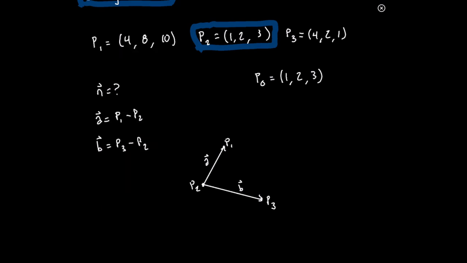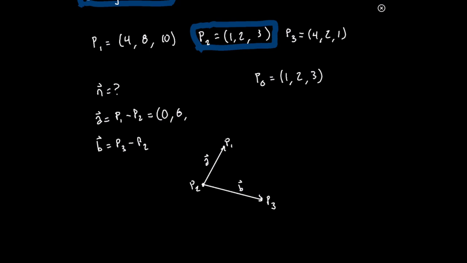All right, so let's solve for this. A is going to be P1 minus P2, and for each of those, the first component is going to be 4 minus 4, which is 0. Second is going to be 8 minus 2, which is 6.